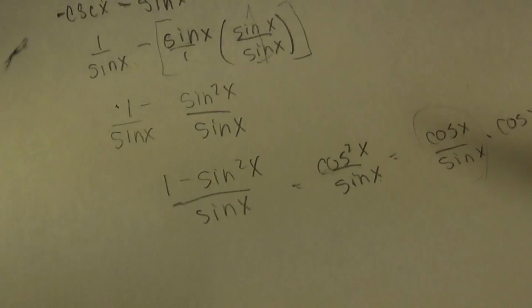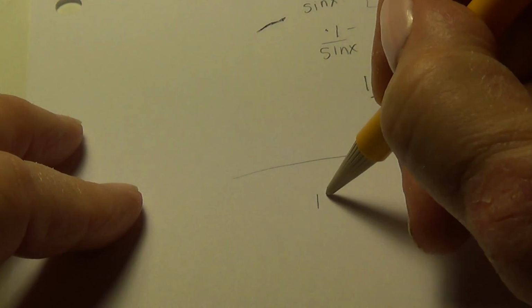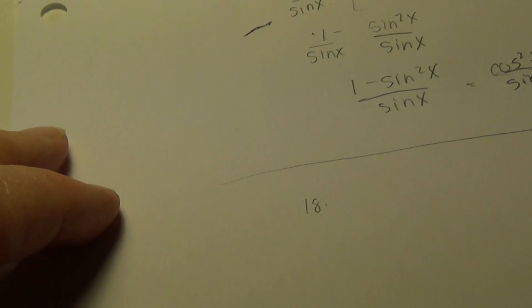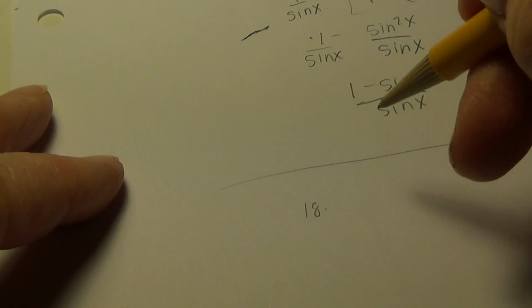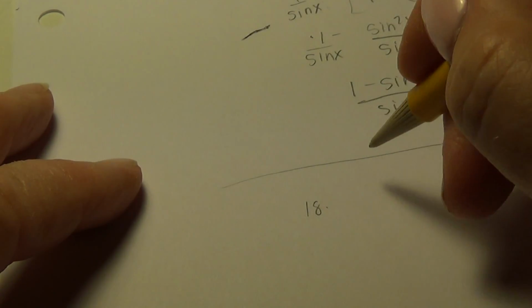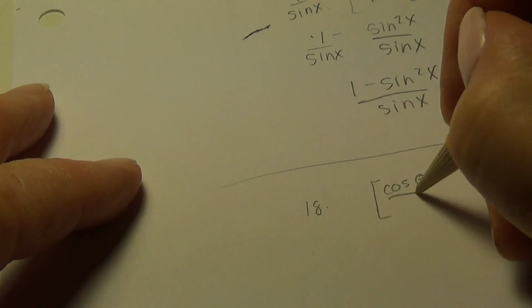I think number 18 has some issues in that you might not know where to start on number 18, the last one. So I'll give you a clue. We are going to take that first term in number 18, the term on the left, and multiply it by cosine over cosine.